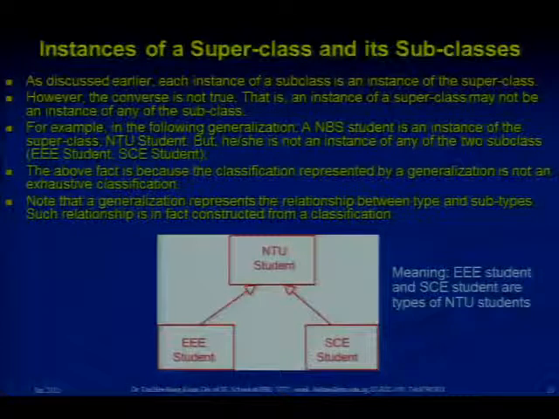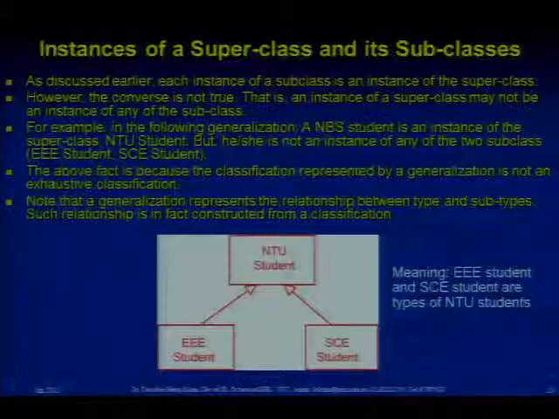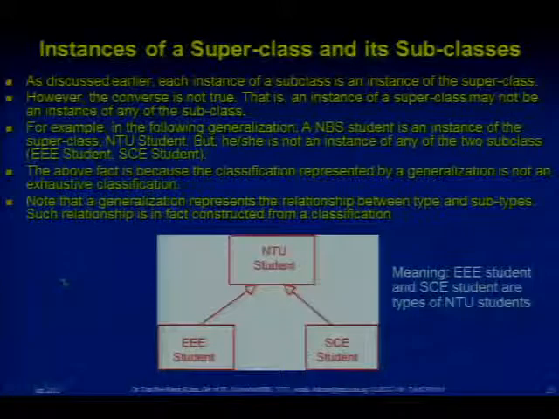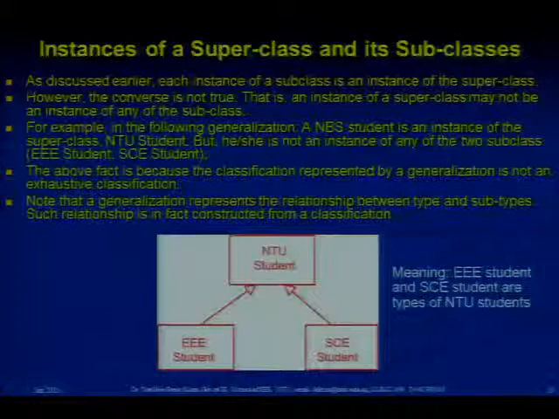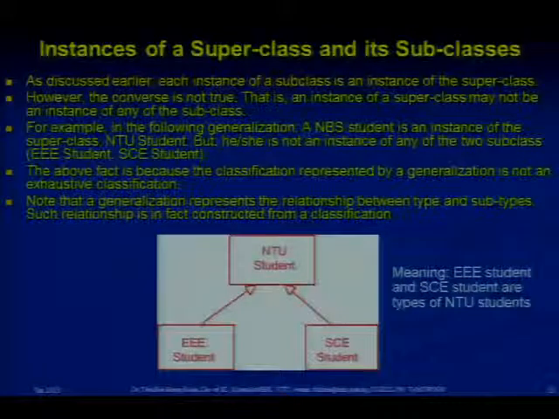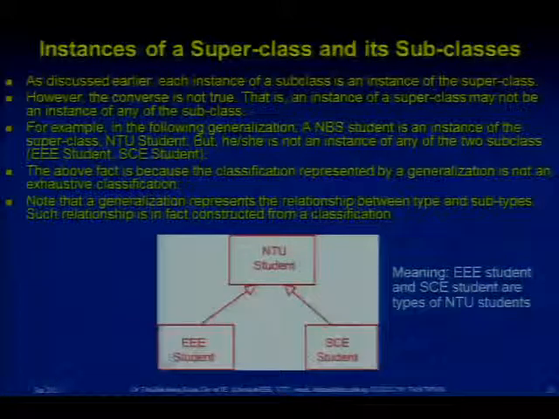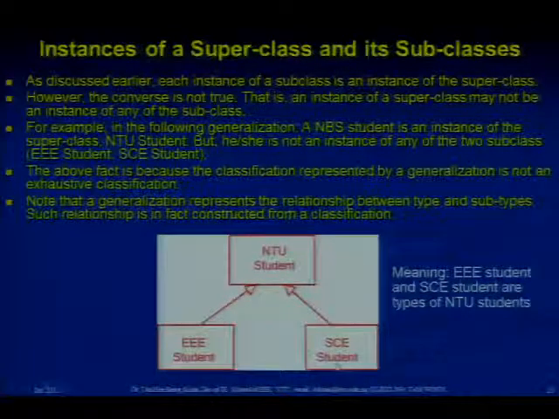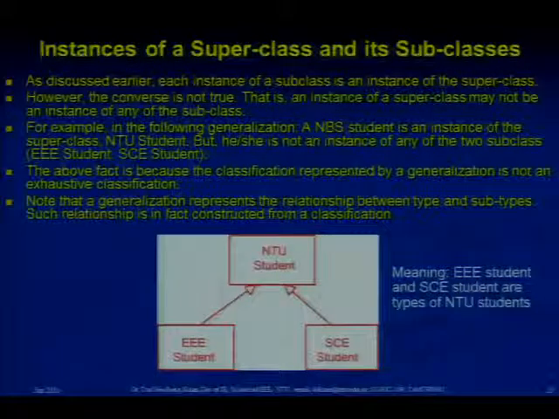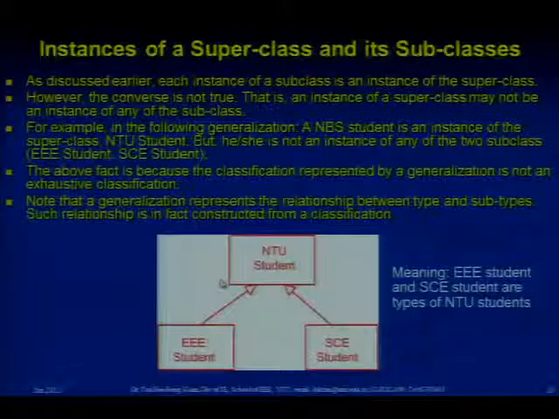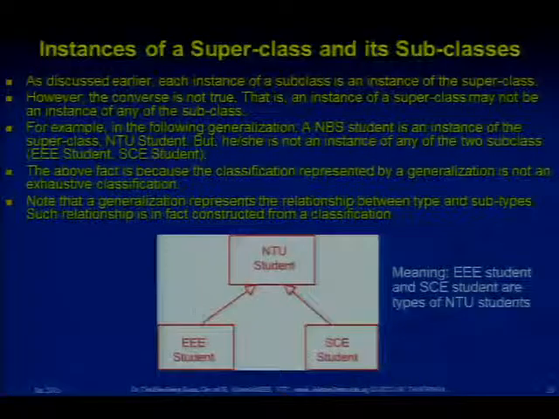Over here we have a generalization to show a classification of NTU students. We classified the general NTU student and single out two subtypes, EE student and School of Computer Engineering student. So we have two subclasses here. It's very clear that each EE student is also an NTU student. This is the basic principle of a generalization.